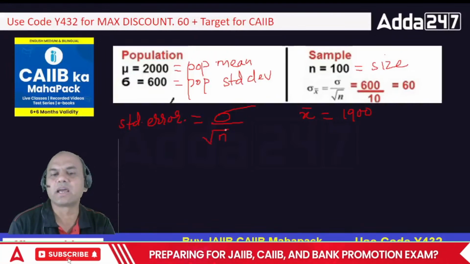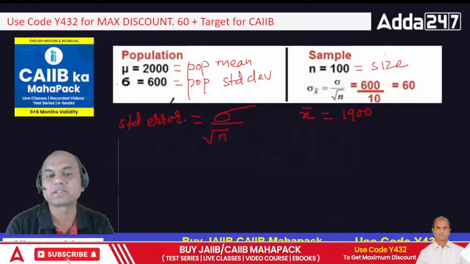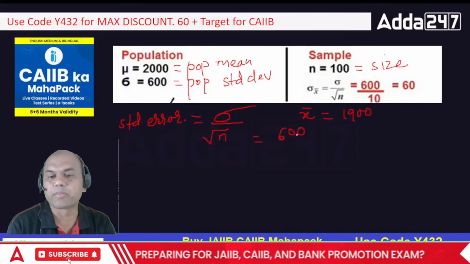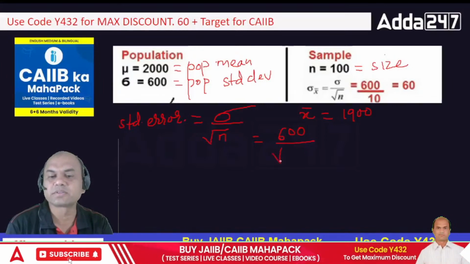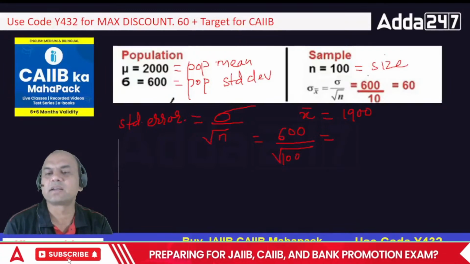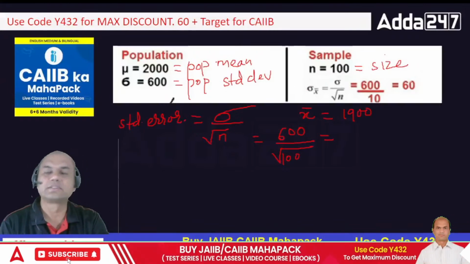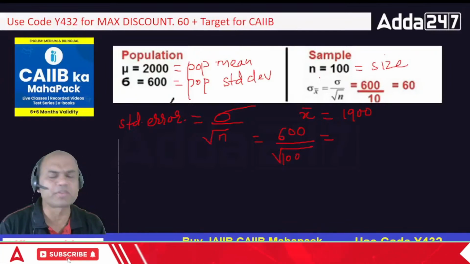Psi is given as the standard deviation, 600. So it equals 600 upon root of n. N is 100, so root of 100 is 10. So 600 upon 10 equals 60. So my standard error becomes 60. Got it, everyone? Once you understand this, the problem is very easy now.